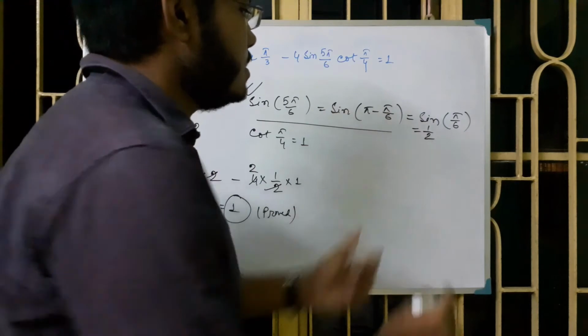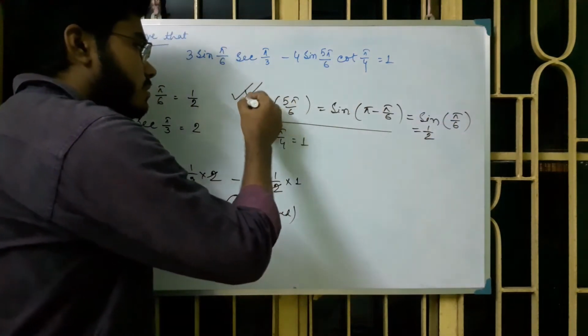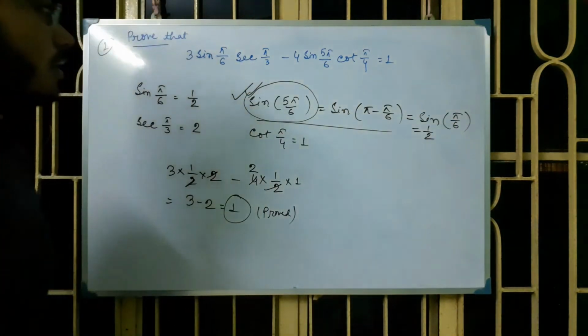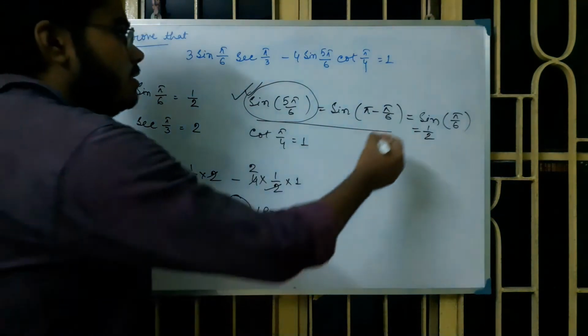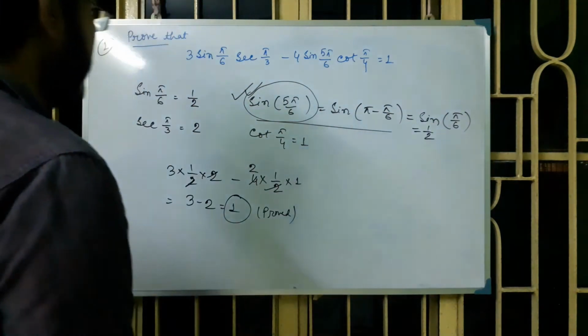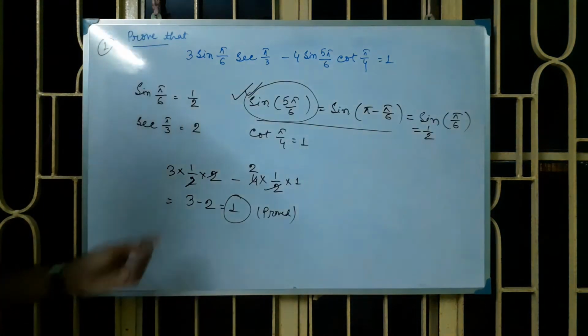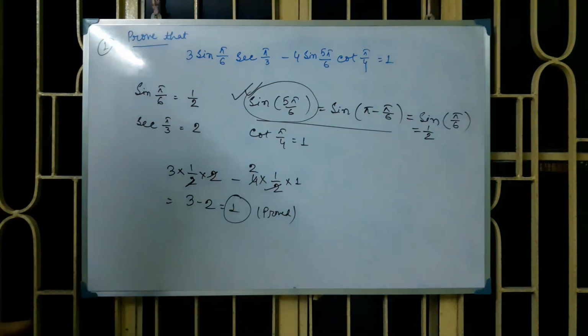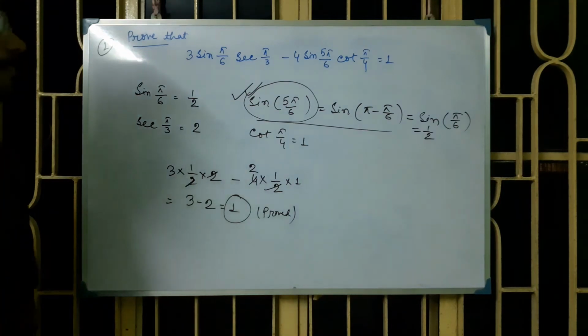Sine of pi by 6, then check the quadrant. If that is a positive quadrant, then plus sign. If that is negative, then minus sign. Simple. Just write it down and we'll move forward and solve our second problem.